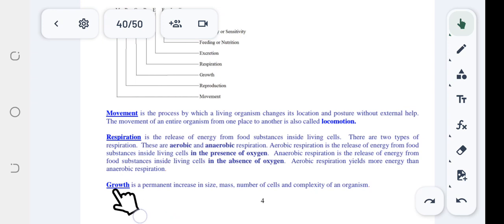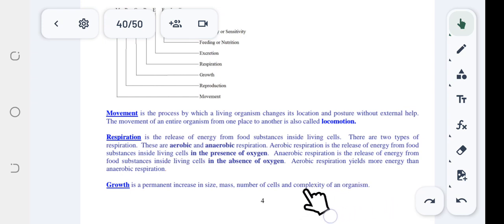Now, what is growth? Growth, in short, is the increase in size and complexity. We can say growth is a permanent increase in size, mass, number of cells, and complexity of organisms.